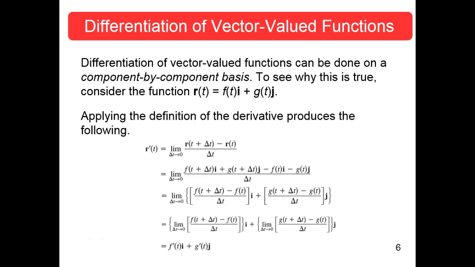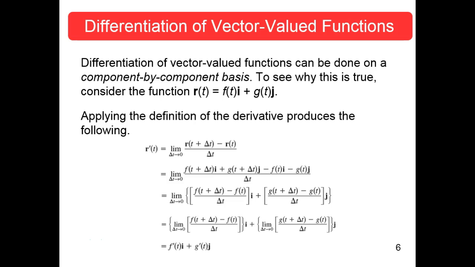Then bring the f's together and the g's together, the i's and the j's. This one with this one would be the derivative of f, f prime, by definition. This would be the derivative of g, g prime j. That's what it is.